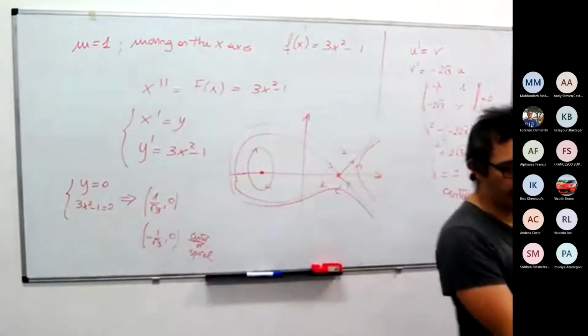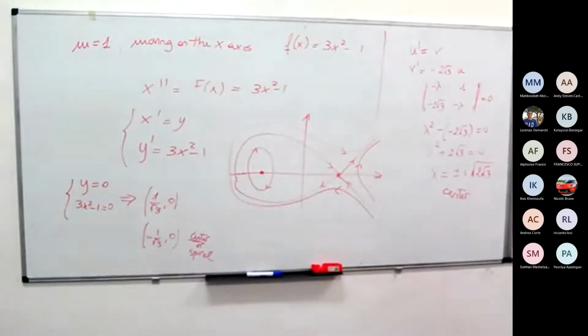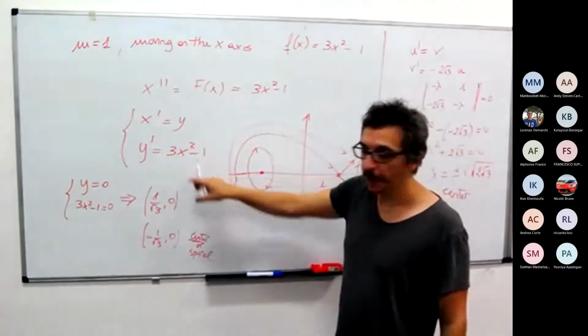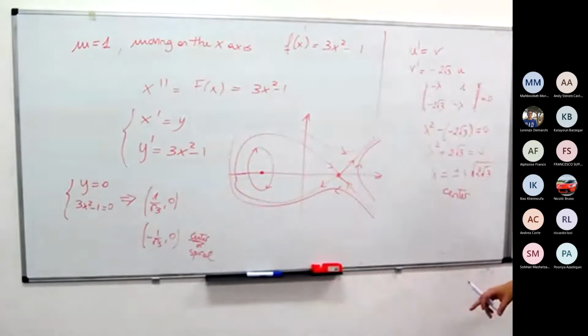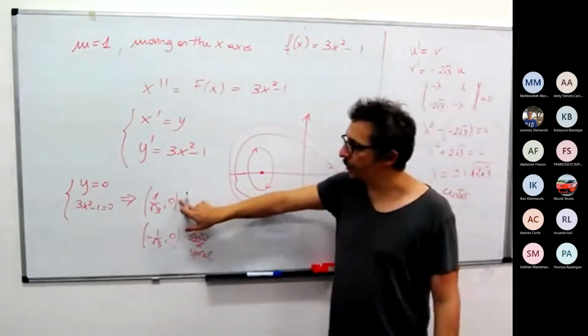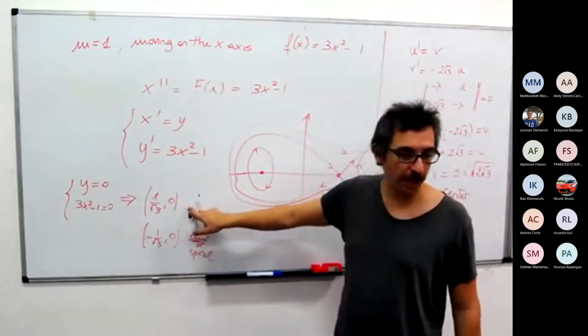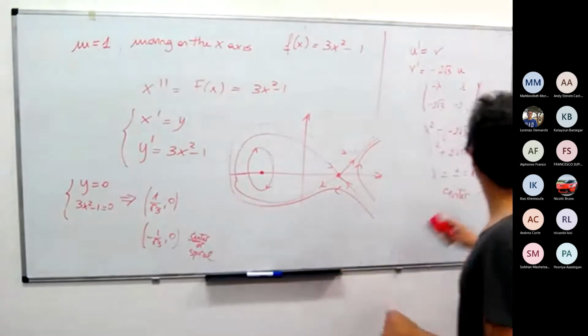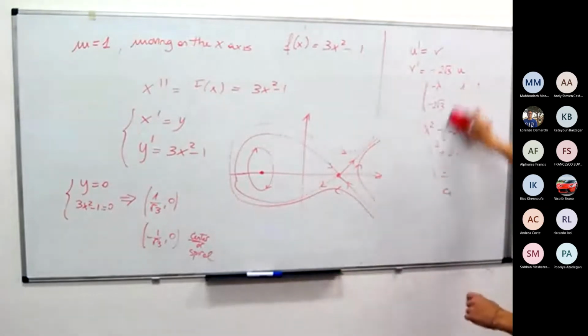Now let's linearize the nonlinear system about this other critical point, 1 over square root of 3, 0. So the procedure is always the same.